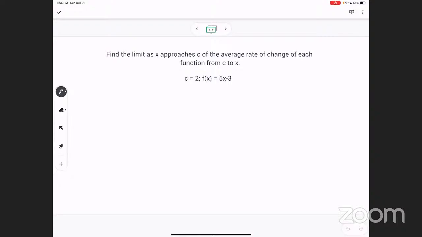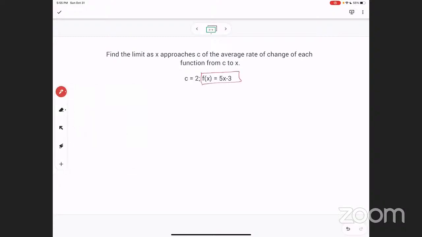So find the limit of the average rate of change of each function from c to x as x approaches c. So as x approaches 2, find the limit of the average rate of change of each function.